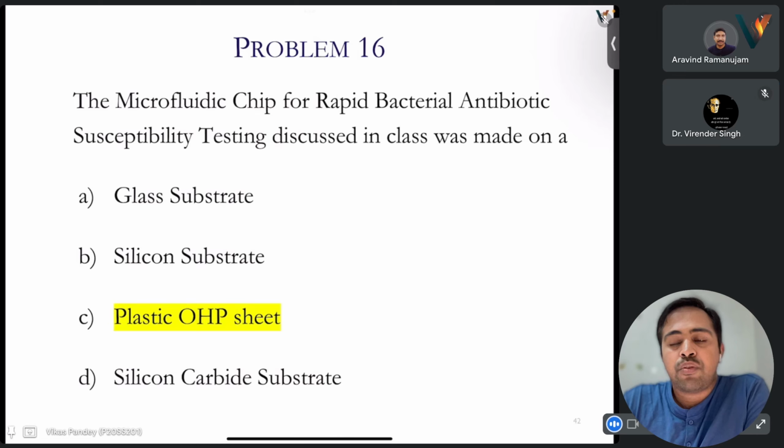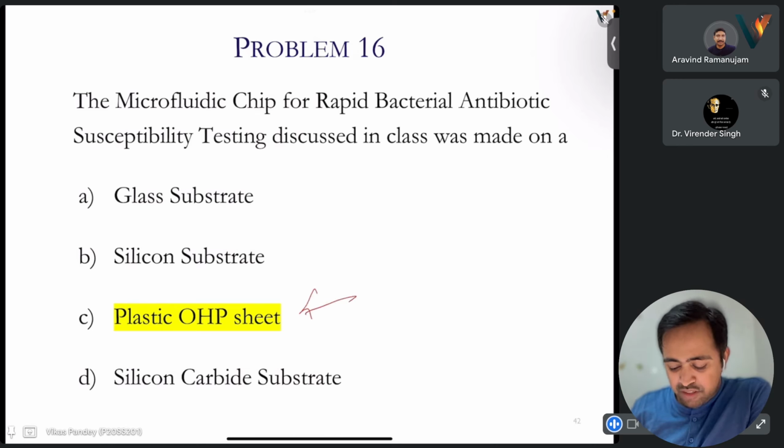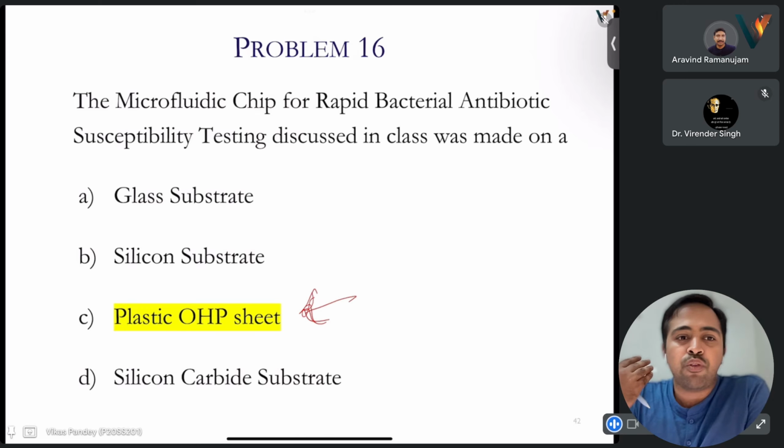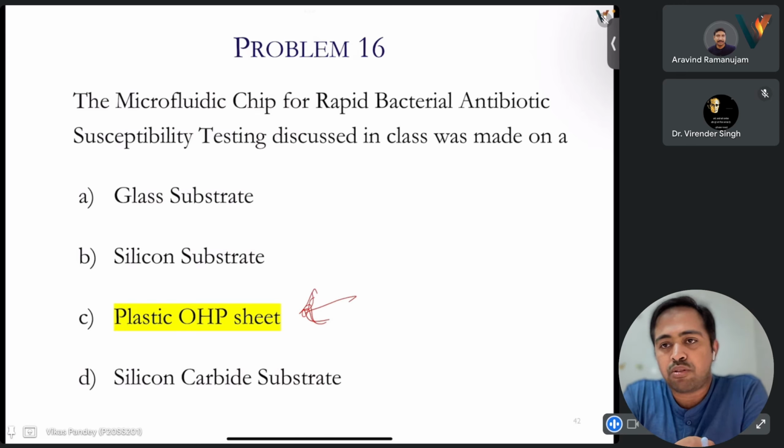Okay, so it can easily be set with our material, like the chip. We can go for a flexible chip and these things. There are many more advantages also. Just check on that, because this reason is very important. Why OHP? The same thing we could do on a silicon substrate also, because microfabrication on silicon is much better.